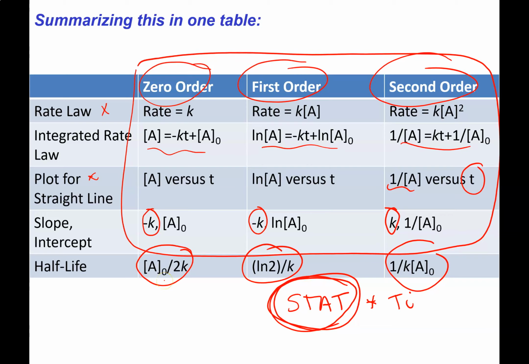For a zero order reaction, the half-life is dependent on the concentration of the reactants, and it actually decreases as the reaction progresses. And for a second order process, the half-life of our reaction increases as the reaction progresses. So that can be helpful sometimes. If you have the right set of data, you can actually eyeball whether it is zero, first, or second order.